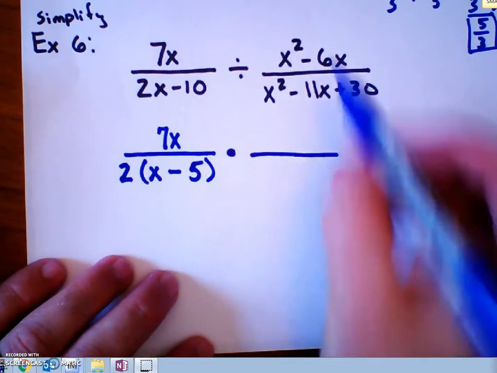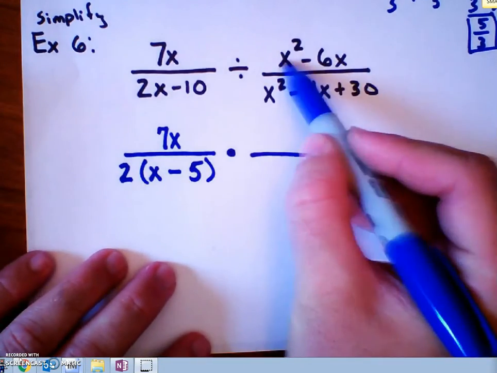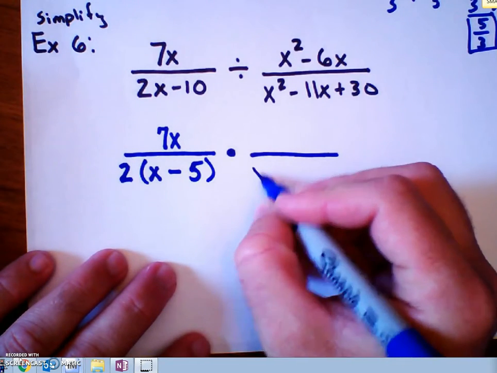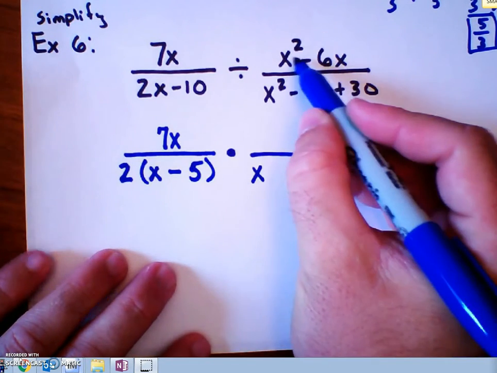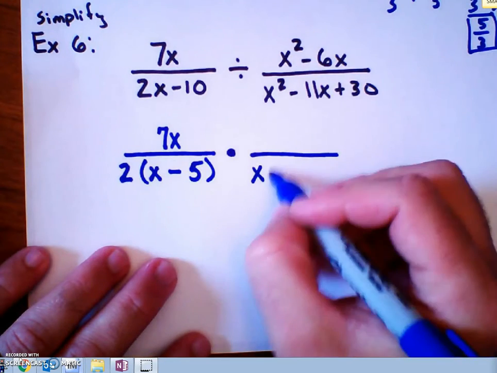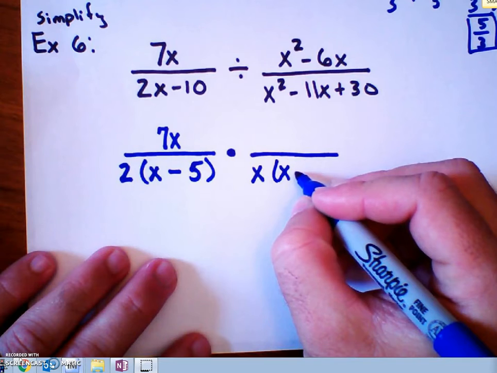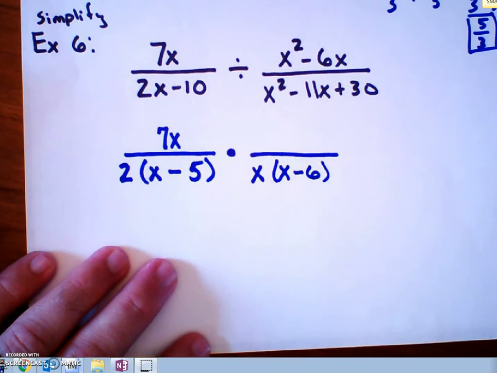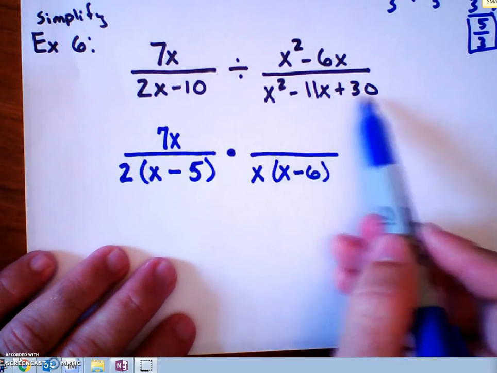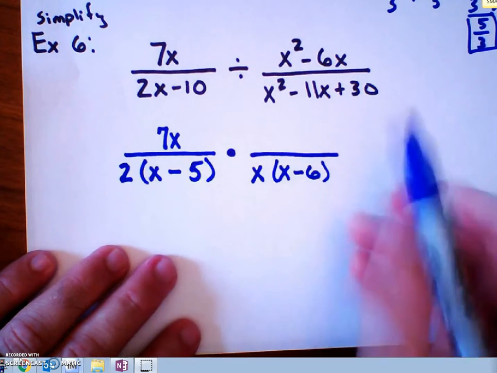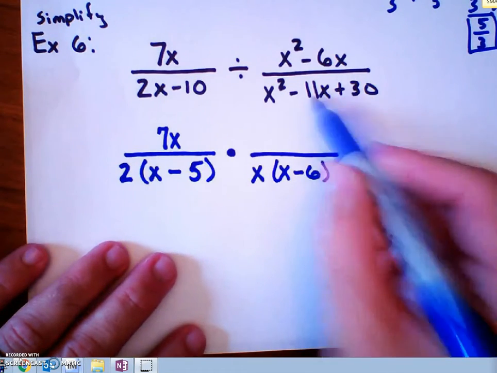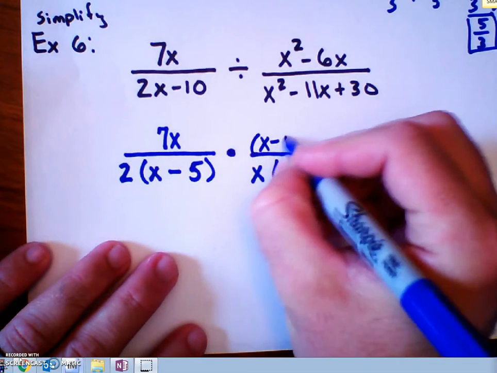So I'm going to take this top part and factor out the GCF, which is an x. I'm going to put it on the bottom. And if I take an x out, I'm left with x. And then if I take an x away from that, minus 6x, I'm left with a minus 6. And I'm going to do the same thing. I'm going to factor the bottom here. I'm going to put it on top. Factors of 30, that gets you negative 11, or negative 6, and negative 5.